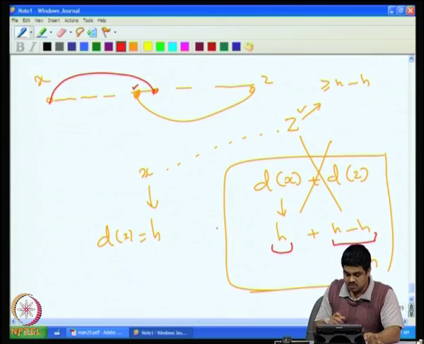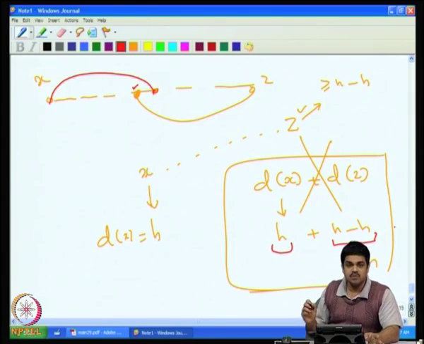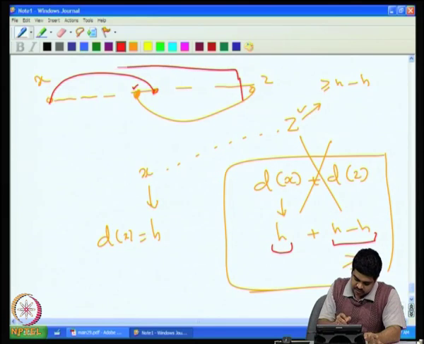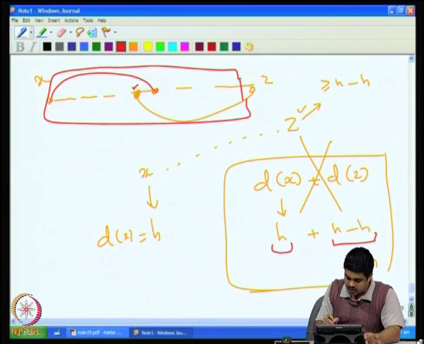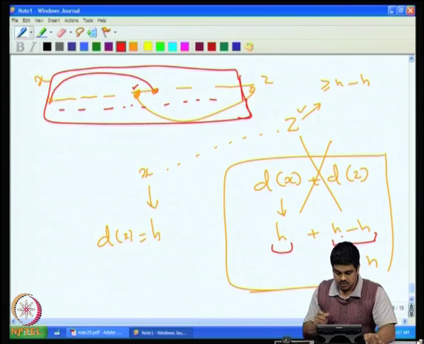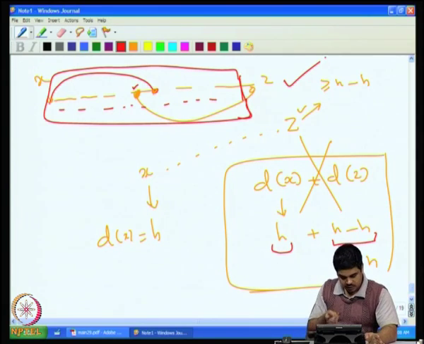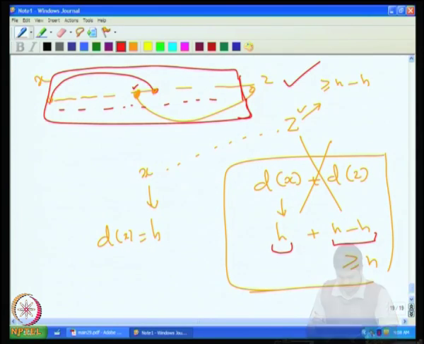The h neighbors of x together already make more than n minus 1, and in these n minus 1 places all of them have to find a location, right. Therefore, this will happen and then we will get a Hamiltonian cycle. That is a contradiction, right.